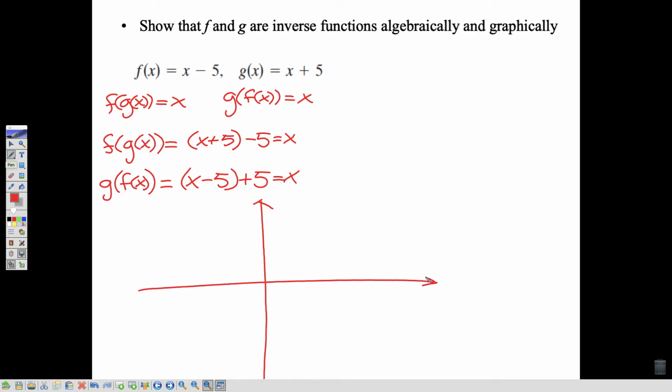Okay, so this one, f of x, has an x-intercept of negative 5. And it has a y-intercept of what? If I plug a 0 in for x, I still get negative 5? No, that's wrong.